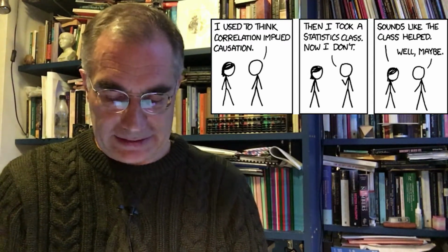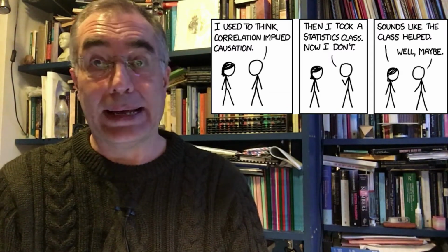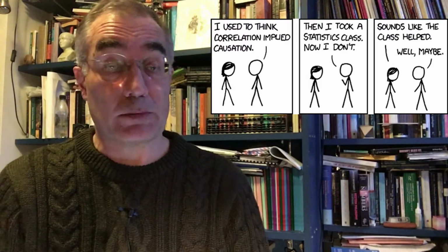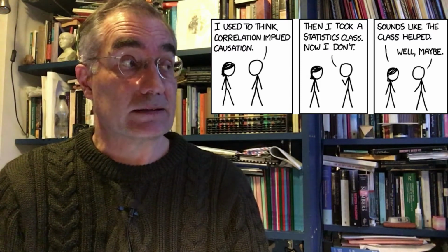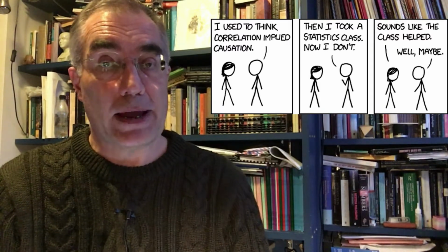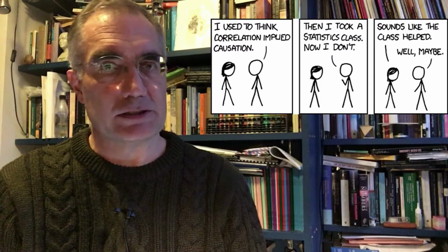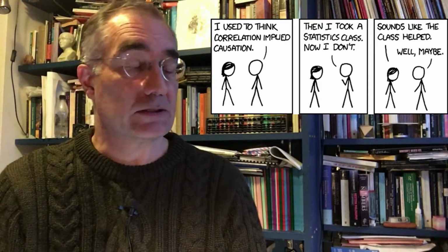One standard example is most heroin addicts also smoke marijuana. So you might think that smoking marijuana causes people to become heroin addicts. But the mere fact that there's that correlation doesn't establish that there's a causation.